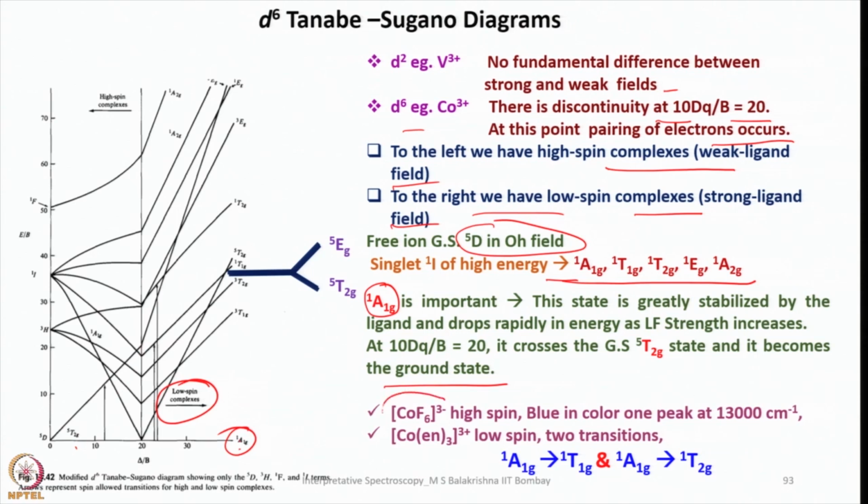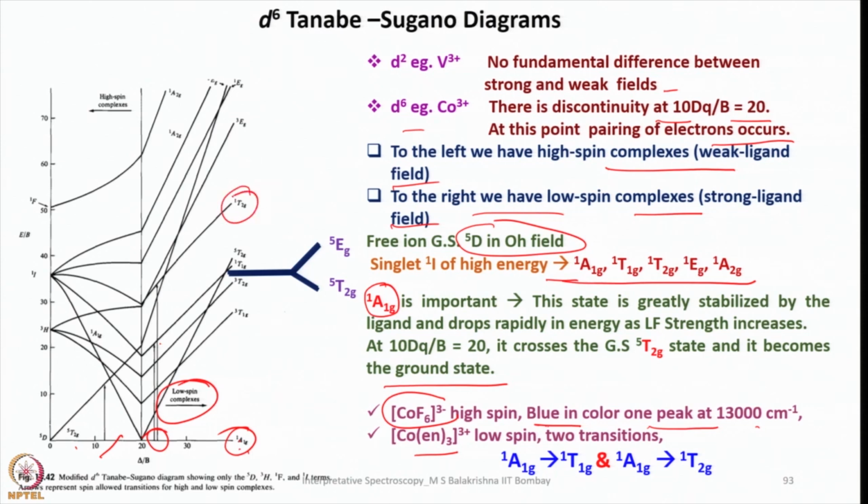For example, CoF6 3-, high spin, blue in color, shows one peak at 13,000 cm-1. And if you look into this one, we have two transitions here: 1A1g to 1T1g, and the other one 1A1g to 1T2g.